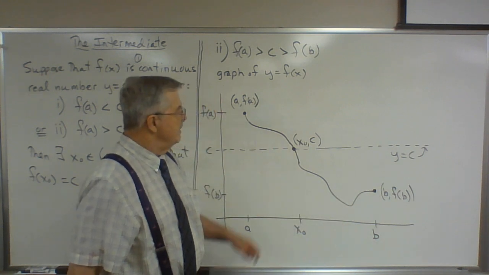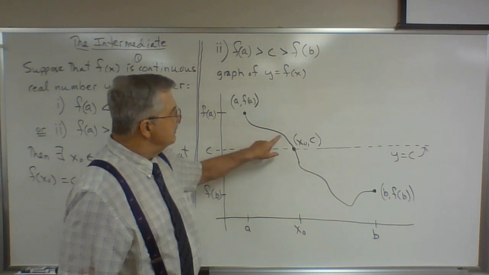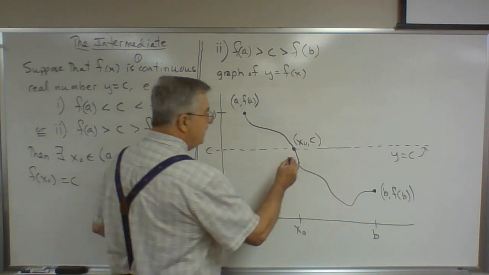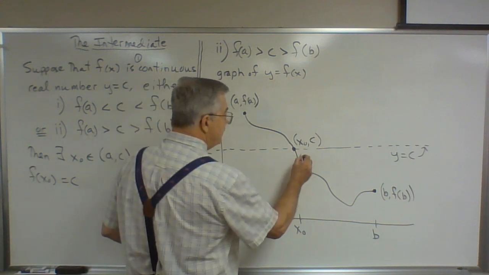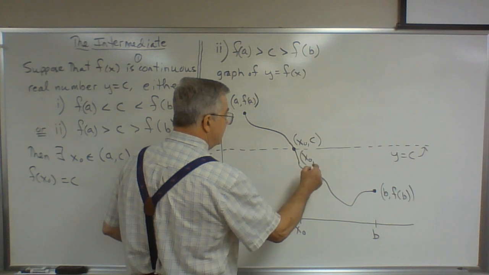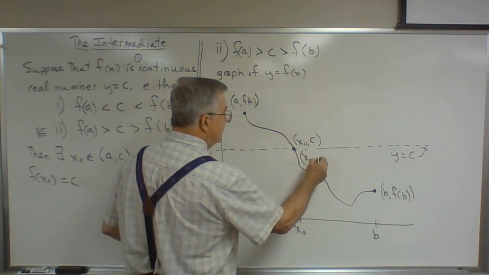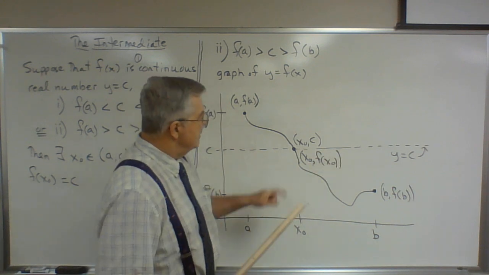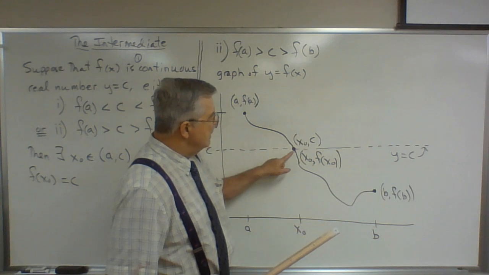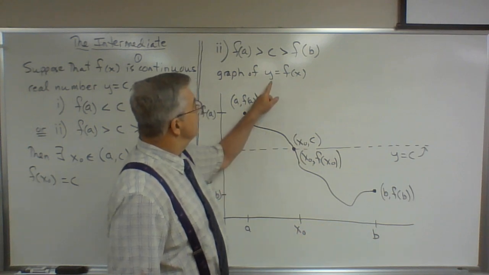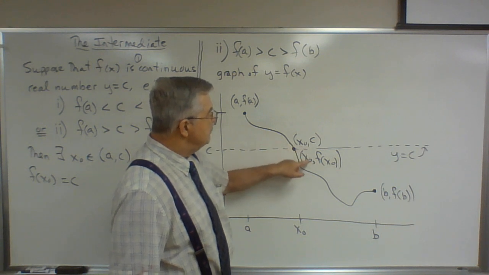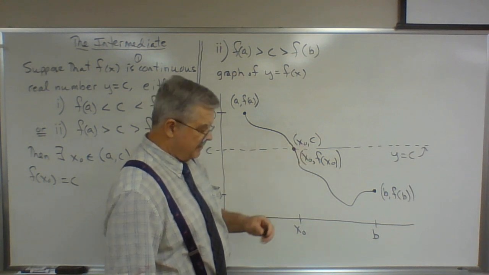But this point is also on the graph of y equals f of x. And so the x-coordinate of this point being x naught, the y-coordinate of this point is going to be f evaluated at x naught, because this point is on the graph of y equals f of x. These are one and the same point.